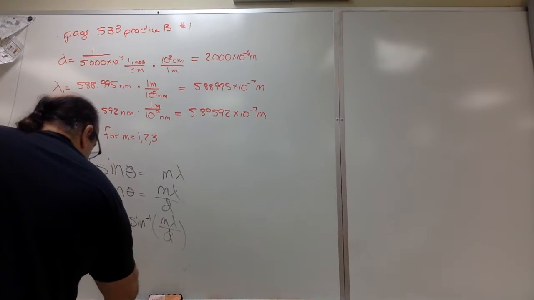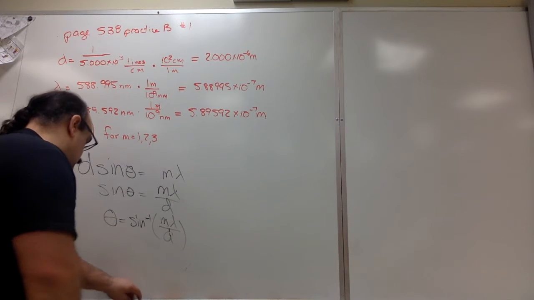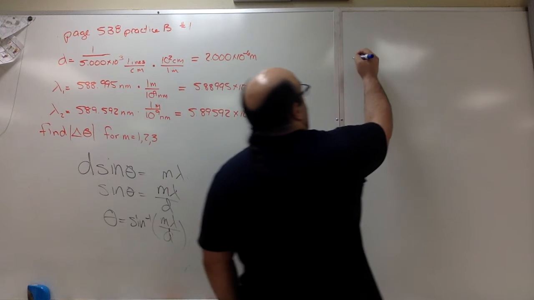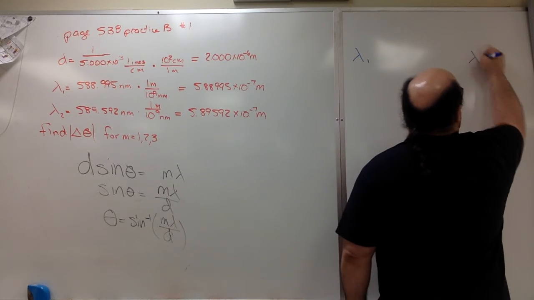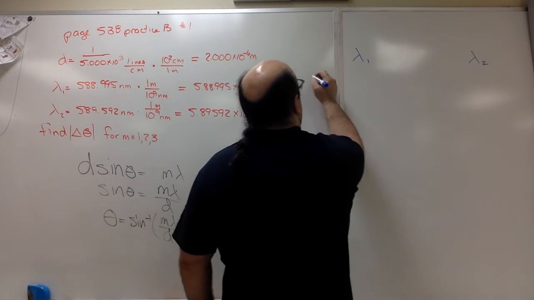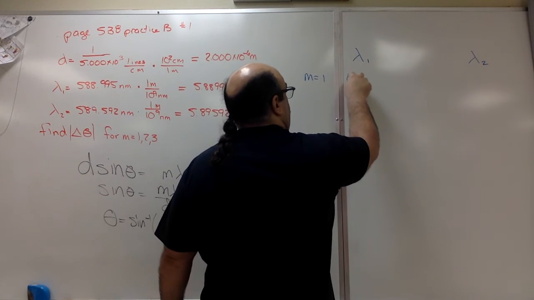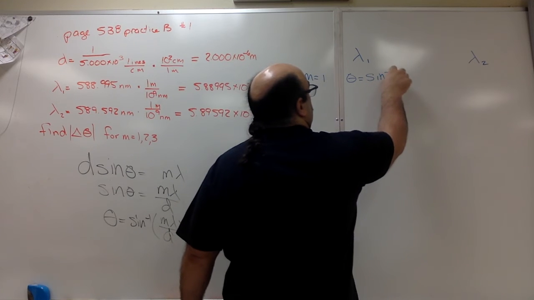So there's the formula I'm going to simply repeat for theta 1 and theta 2, using lambda 1 and lambda 2. Plugging in for m equals 1, theta must equal the inverse sine.